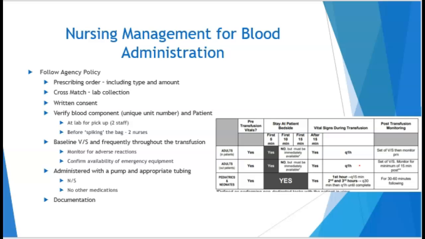Blood products generally need to be administered within a 4-hour window from the time they're taken out of the fridge in the lab until it's completely finished. So a unit of blood contains somewhere between 300 and 500 mils.